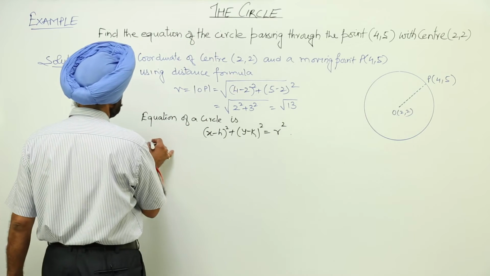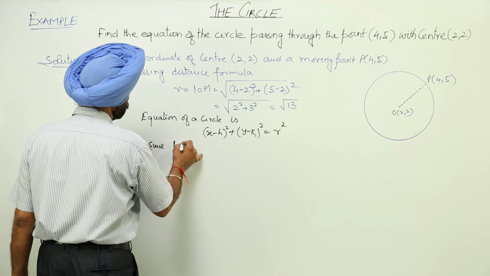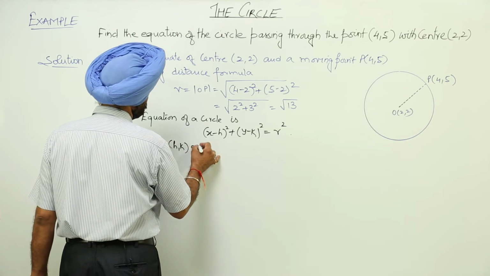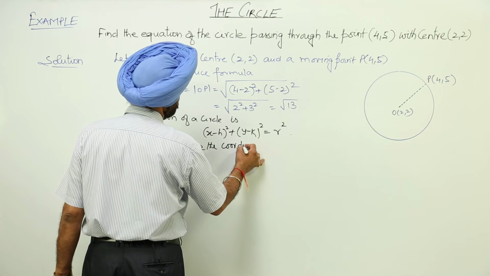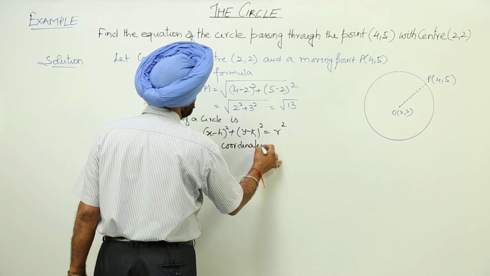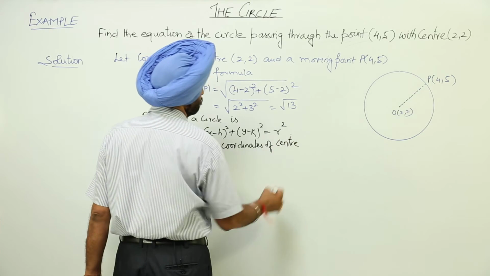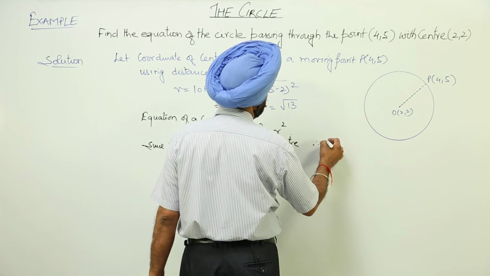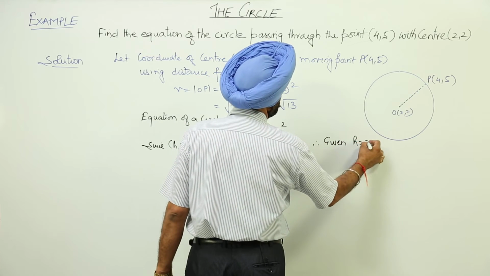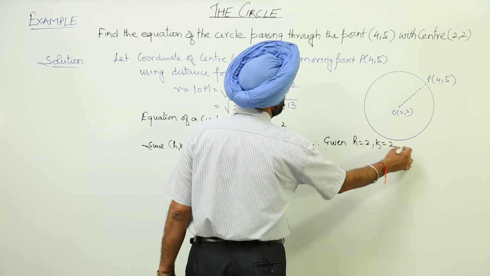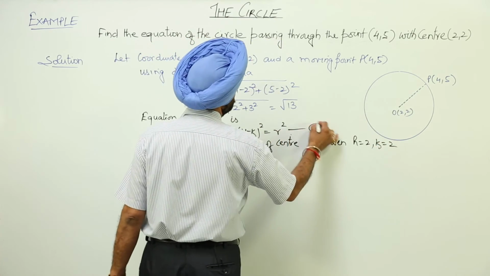Now, since (h, k) are the coordinates of center, therefore given, h is equal to 2, k is equal to 2. Let this be equation 1.